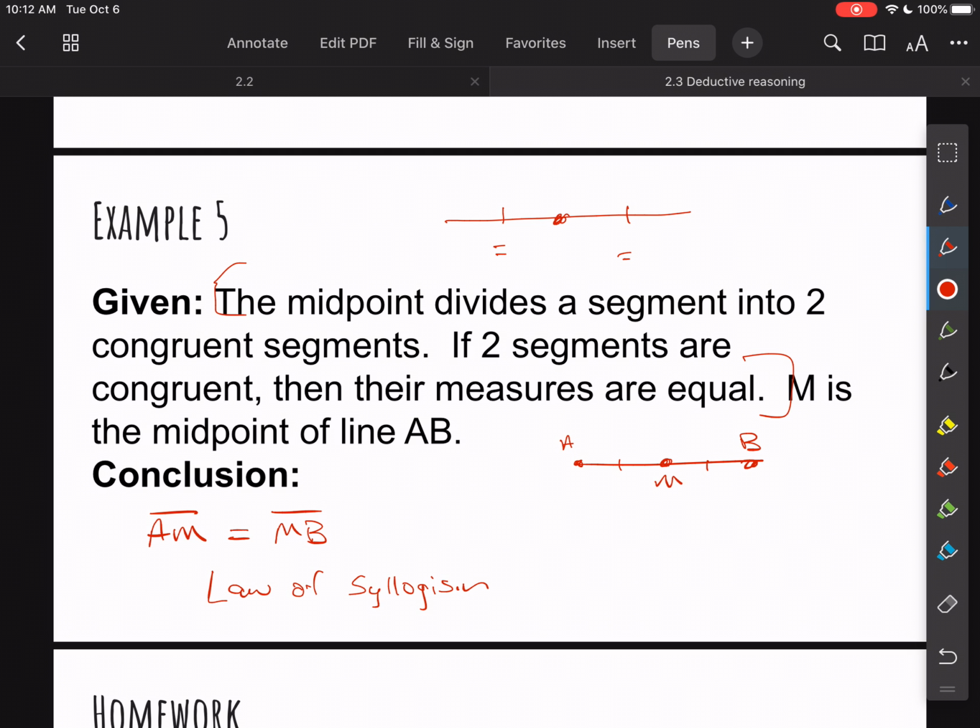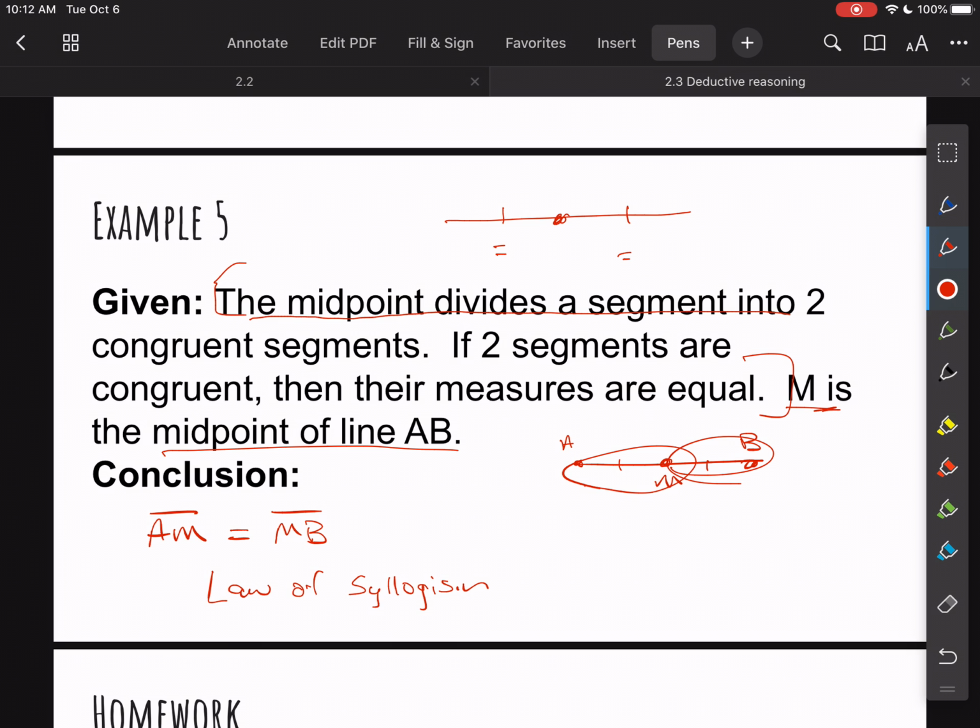The midpoint divides the segment into two congruent segments. If two segments are congruent, then their measures are equal. So they gave us this, right? The midpoint divides the segment into two congruent segments. M is the midpoint of line AB. So we can use our logic to say that this guy is equal to this guy using the law of syllogism.